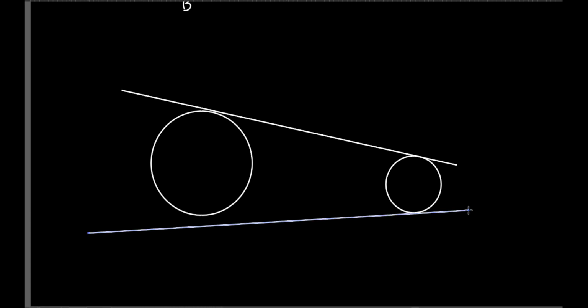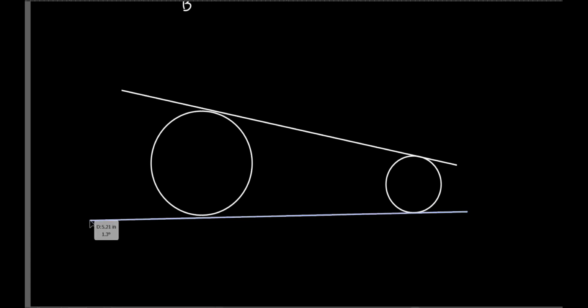They got to be tangent to both circles. Well, let's see if I can. There's one. Okay. 4. That's right. But watch this. These right here, I'm not going to write it down because of time. These are called exterior tangents.